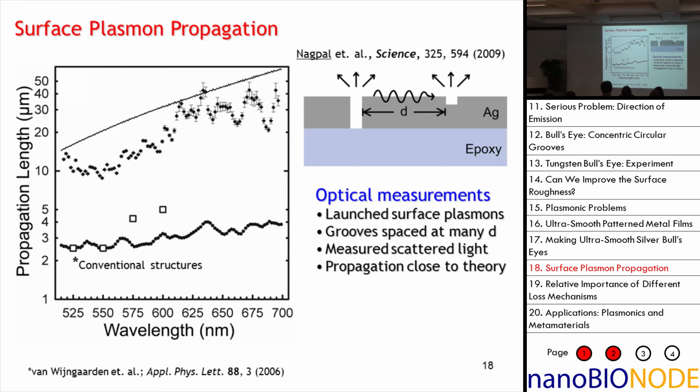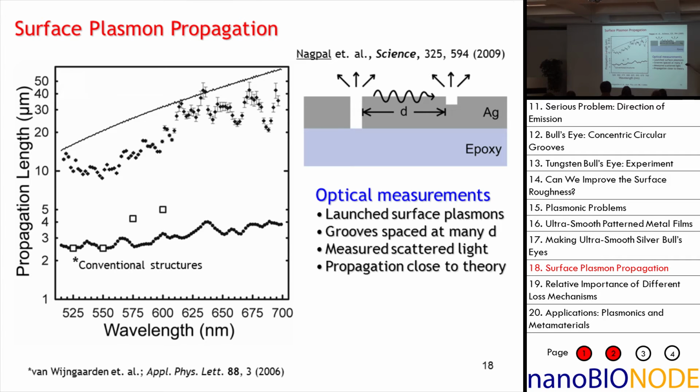propagating. For conventional structures where there was roughness without template stripping, we could see about 2 to 10 microns plasmon propagation length, which wasn't very different from other results that were published using cathodoluminescence studies. But what we saw was, and this is on a log-log scale, almost an order of magnitude, if not more, increase in plasmon propagation lengths with the simple template stripping method.